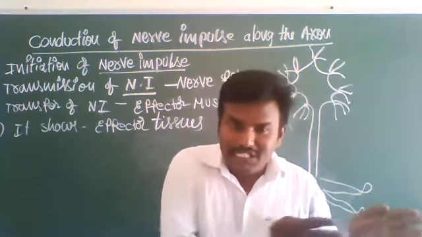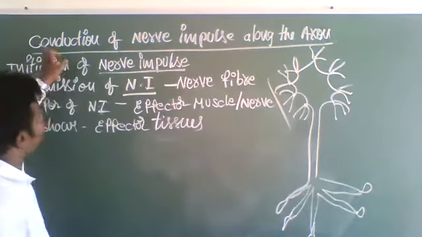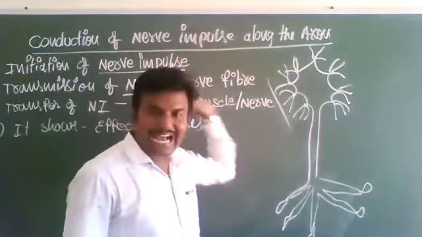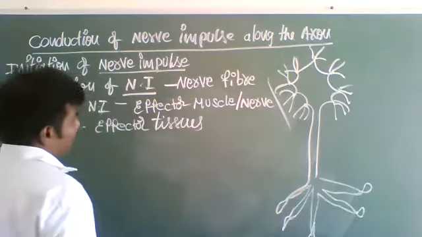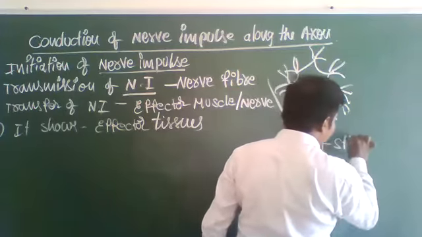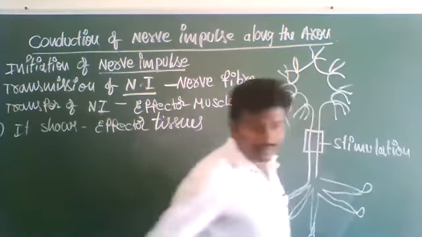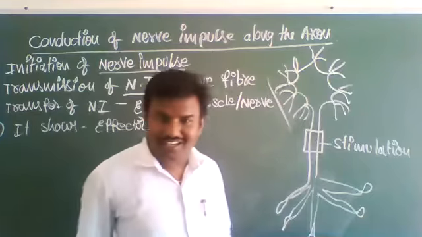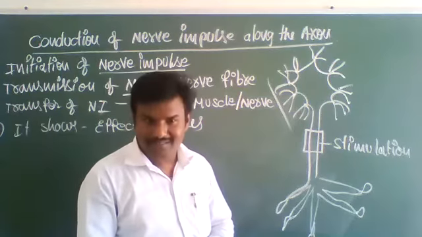Okay, in such a way, the impulse is passed. Conduction means transfer of nerve impulse along the nerve fiber. See here, in this region, initiation of stimulation occurs.